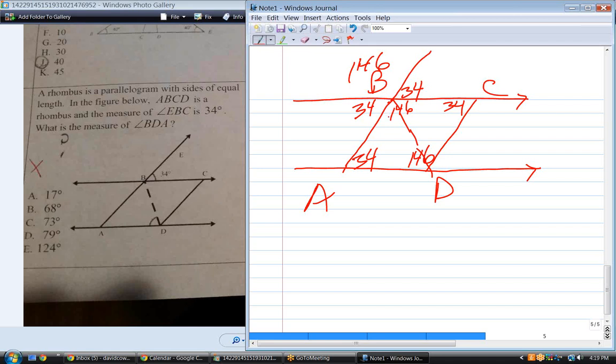Well, we don't know for sure what that angle is. But what we do know for sure is that these are congruent triangles. In other words, that triangle and that triangle are congruent.